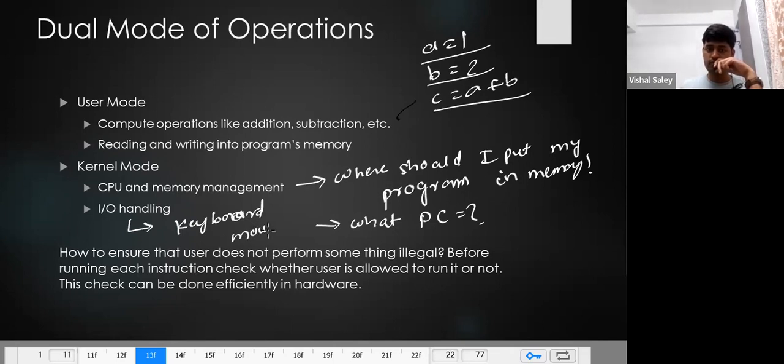All those things are critical, and those should happen in the operating system only. So that is what we call kernel mode. By the way, when we say operating system, you can also say that this is basically the kernel, right? Operating system code is basically kernel code. It's just the nomenclature. Okay, I hope this is clear.